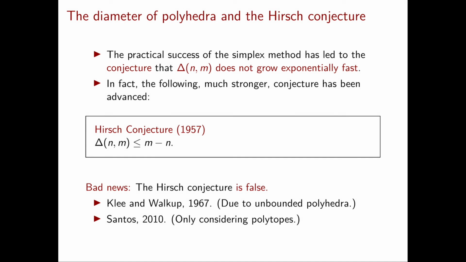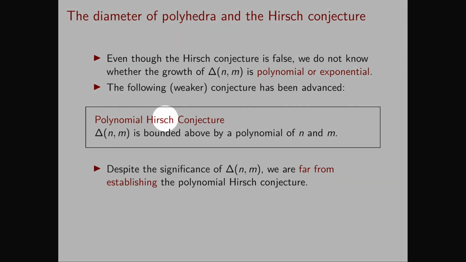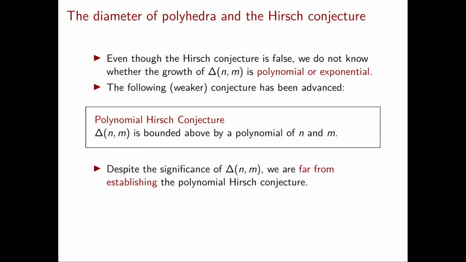But m minus n is a very specific polynomial function, and in our previous discussion we said how we really are interested in understanding if delta can be upper bounded by any polynomial. This leads to the weaker polynomial Hirsch conjecture. The polynomial Hirsch conjecture states that delta(n,m) is bounded above by a polynomial of n and m.